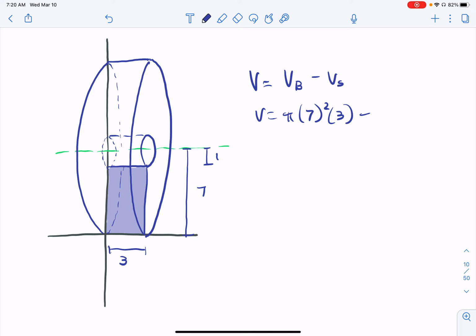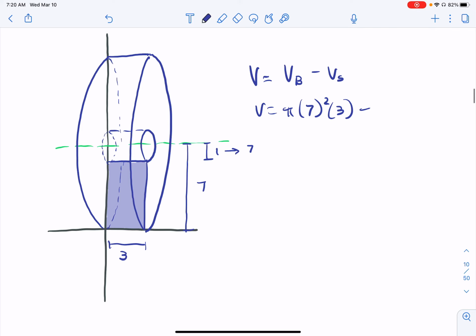The way I could have gotten that, notice this is 7 for the axis and 6 for the top edge of that. 7 minus 6 gives us the 1. Sort of like the area thing, it's top minus bottom.